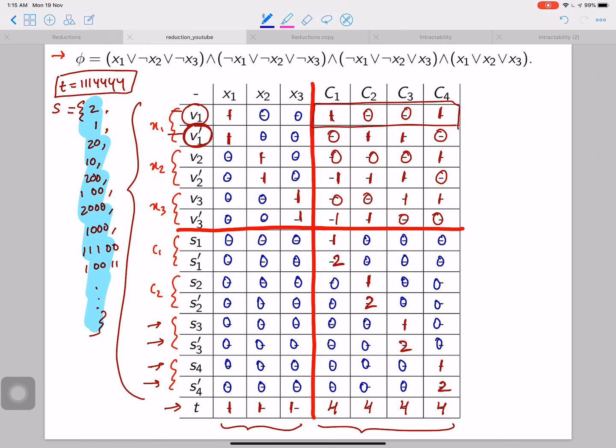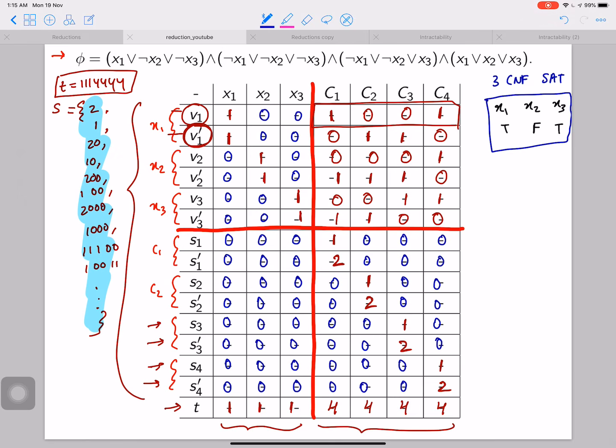As the first step, let us assume that the 3 CNF set has a solution. By that I mean there must be an assignment, like x1, x2, and x3. Let's say this is true, false, and true. So this is a valid assignment.